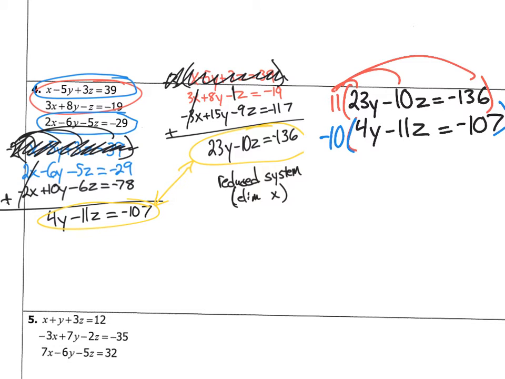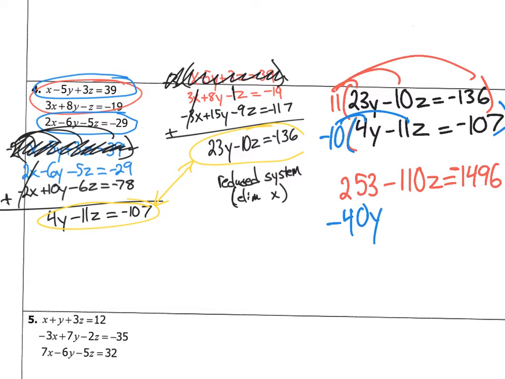I would get a negative 110z here, and I would get a positive 110z here, which would eliminate the z's. So I get 11 times 23, which is 253. Again, like I said, we get minus 110z equals 136 times 11, which gives me 1496, and that's going to be a negative. Sorry, I forgot the negative sign. And the second equation, I'm going to get negative 40y. Oops, I forgot a y up here.